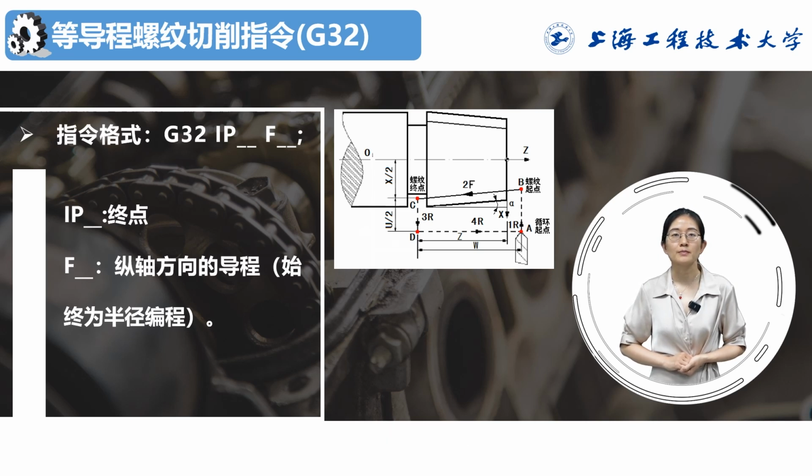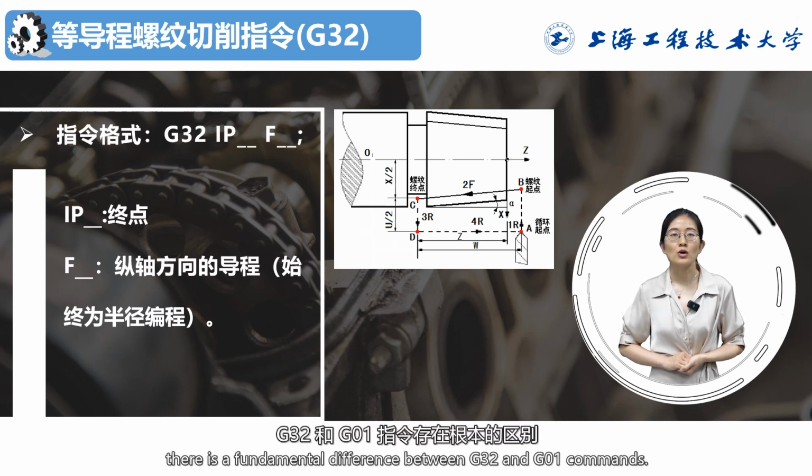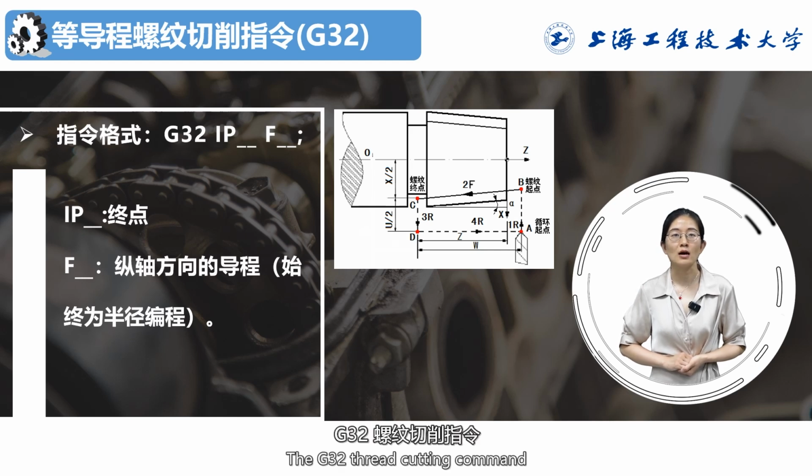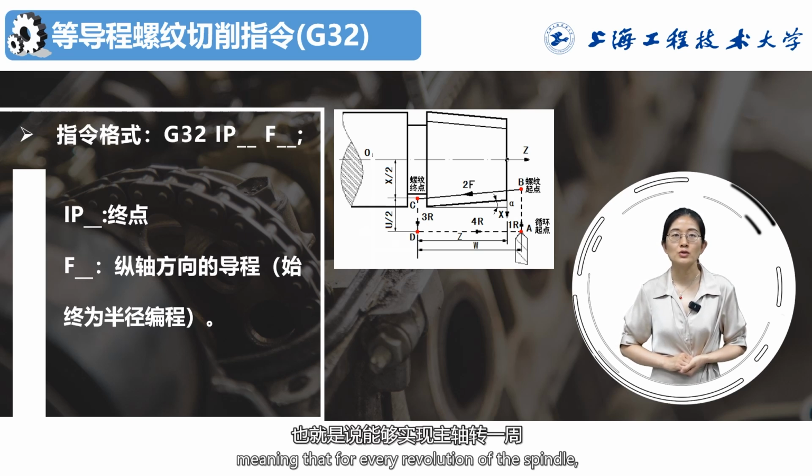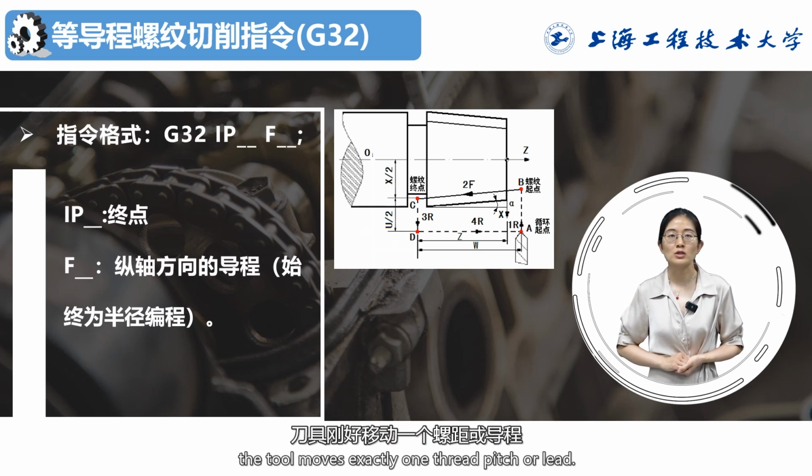In other words, there is a fundamental difference between G32 and G01 commands. The G32 thread cutting command allows the tool to move in a straight line while keeping its movement synchronized with the spindle, meaning that for every revolution of the spindle, the tool moves exactly one thread pitch or lead.